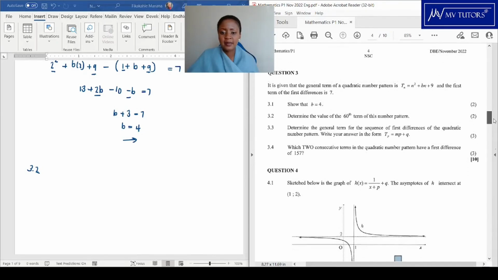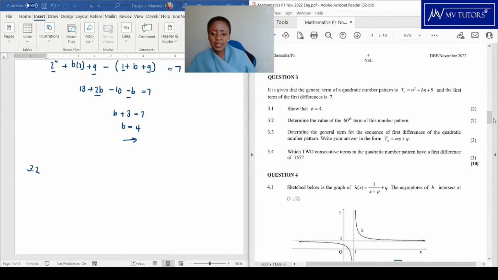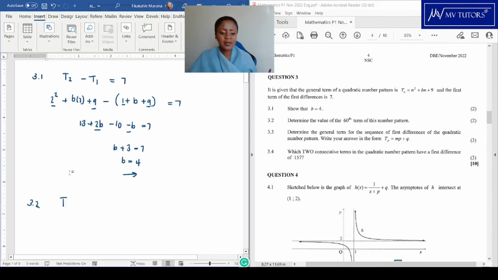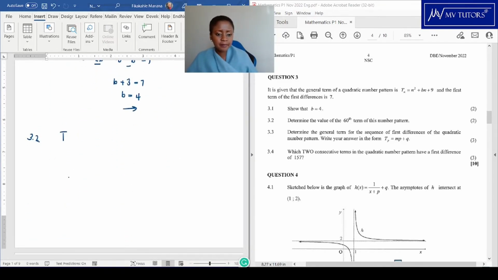All right. Cool. So we've shown that b is equal to 4. 3.2, determine the value of the 60th term. These kinds of questions are very nice because really it's just a matter of substituting 60 in the place of n. So you have 60 squared plus 4, remember, we just got b, so it's 4 times 60 plus 9.